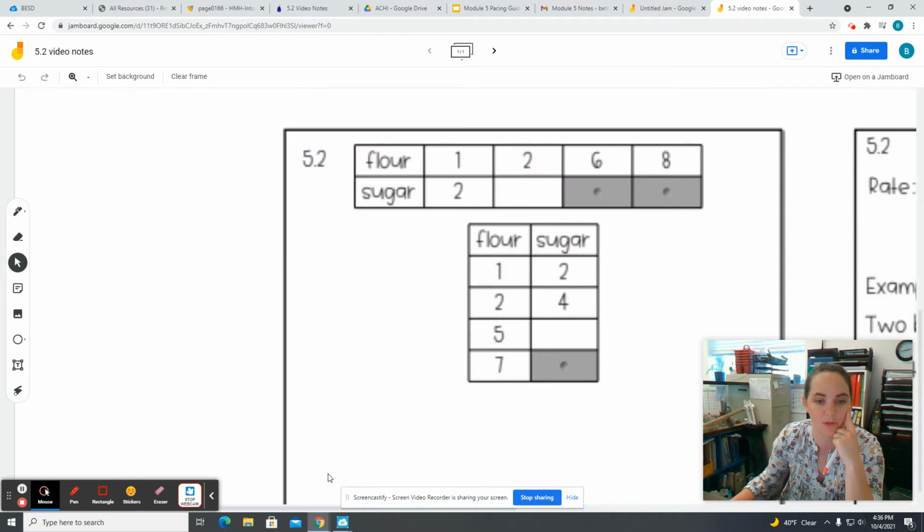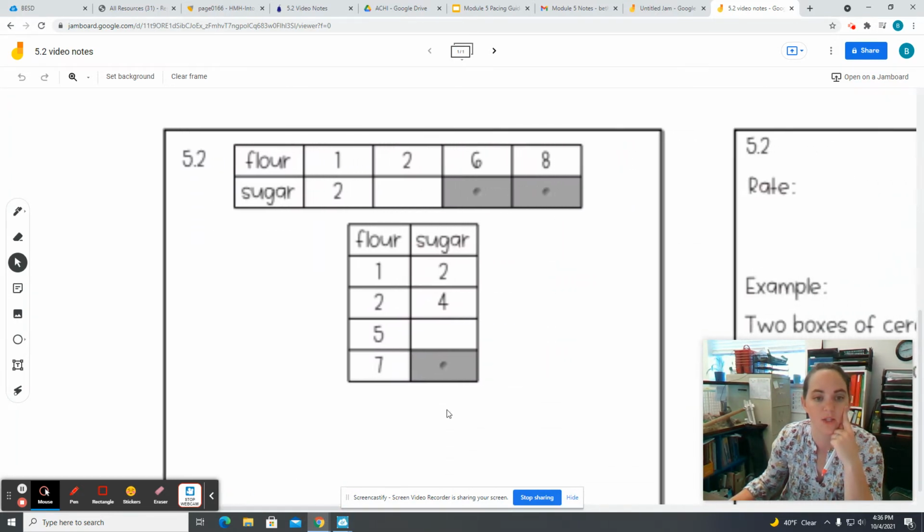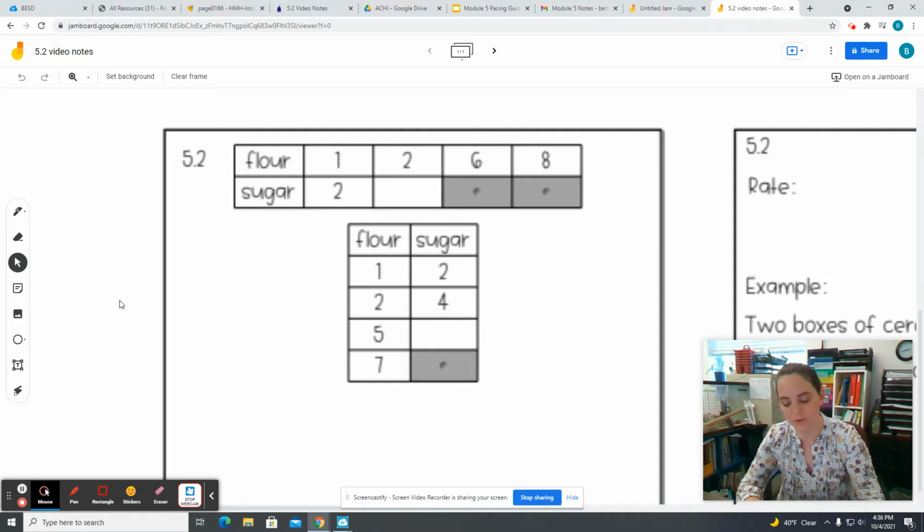Okay. Go down to this one. Okay, so let's use this example of flour and sugar. We're going to find some equivalent ratios for the flour and sugar. So for this first table, we have 1 cup of flour to 2 cups of sugar.